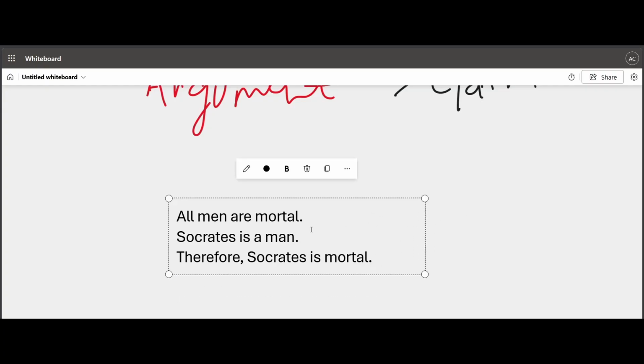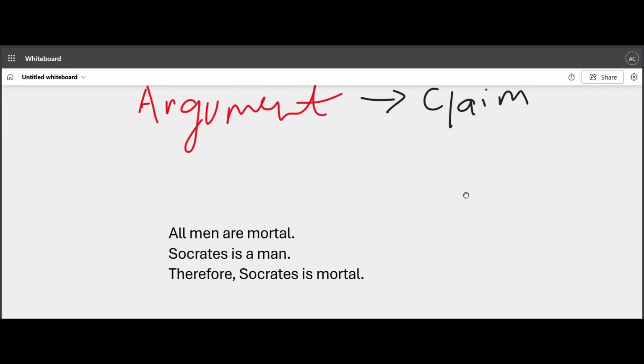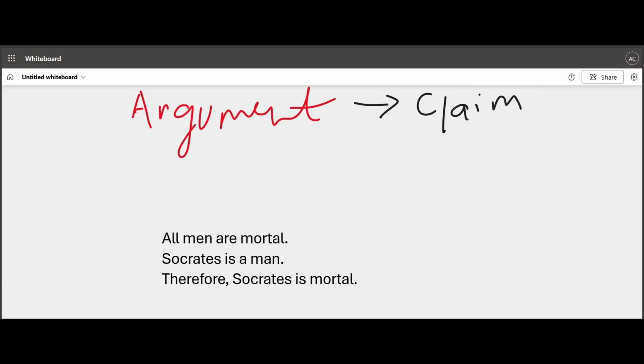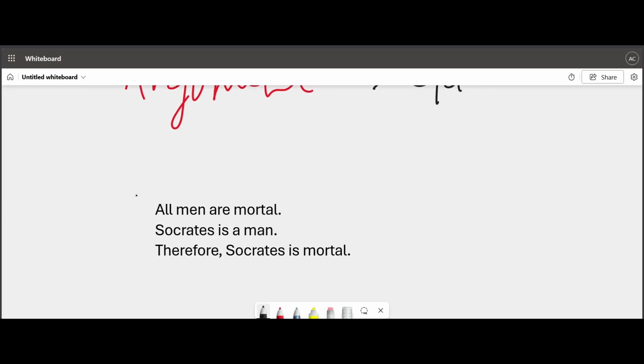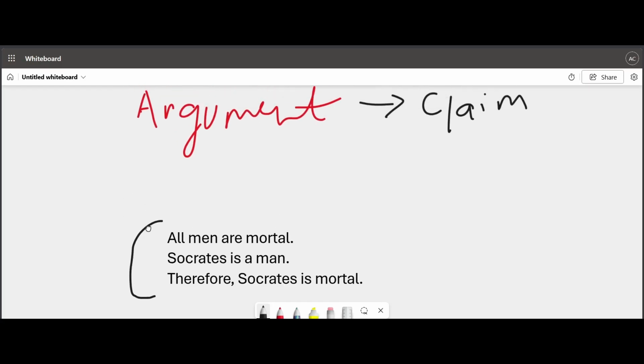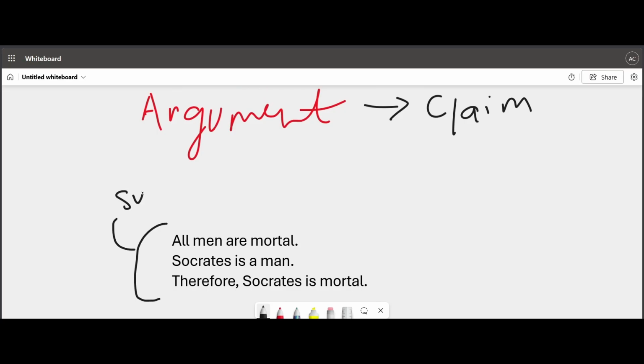Here you can see right here, this is a perfect example of a claim that has reasoning and evidence behind it. We can just analyze the first statement that is inside this Aristotelian syllogism. By the way, this whole three lines right here, you call that a syllogism. A syllogism.